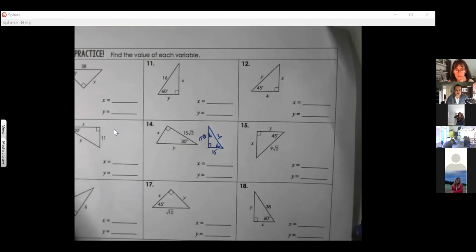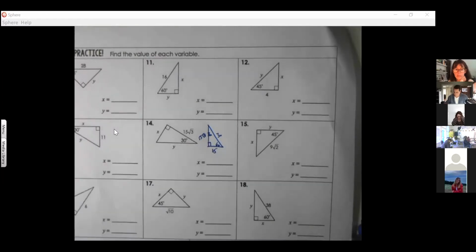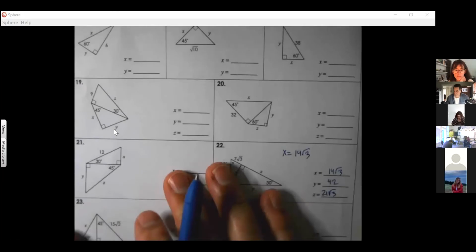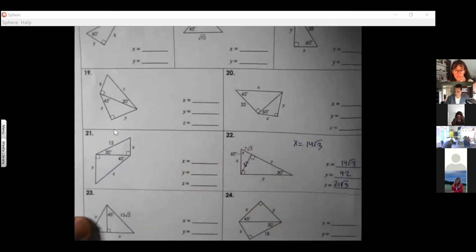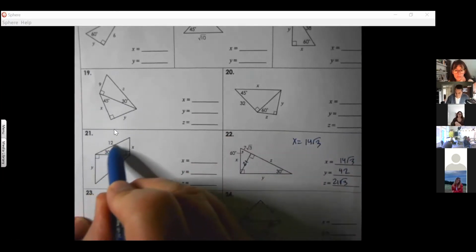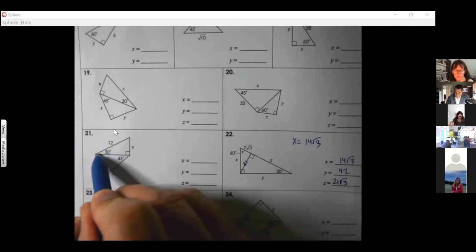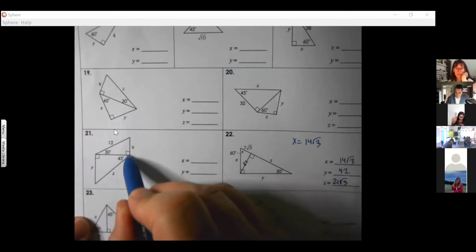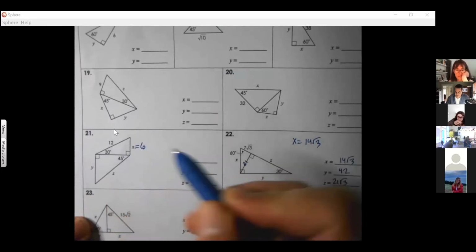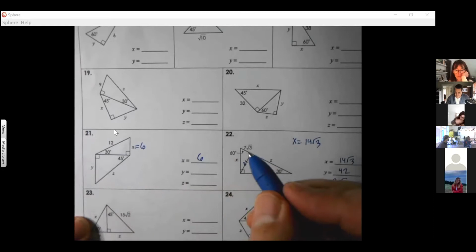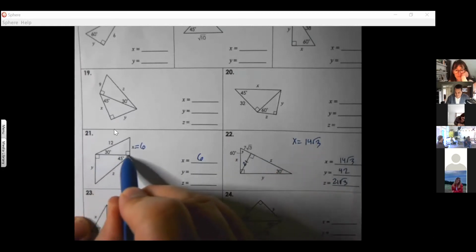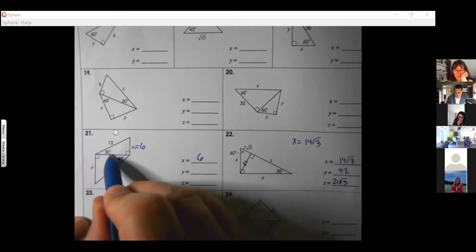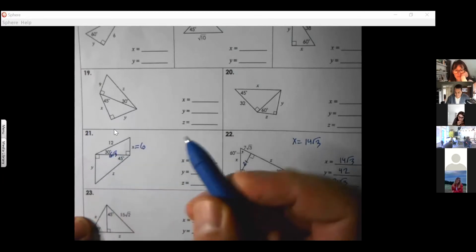Any other particular questions? Oh yes, here's one. 21 through 24, sure. So in 21, that's off the page for you guys. I see that this side is 12 in a 30, 60, 90 triangle. That's my hypotenuse, so that's supposed to be double the side opposite 30. So this side would be 6, x is 6. Then this shared side here is going to be that 6 with a root 3 stuck on it.